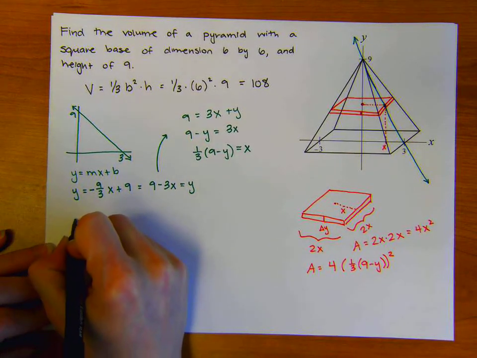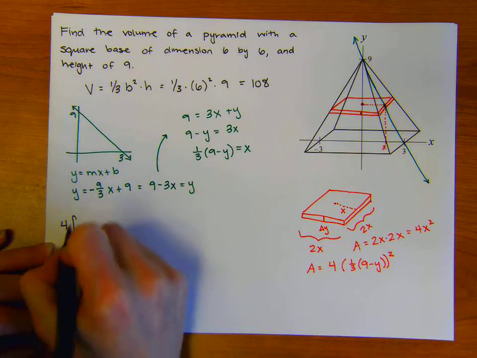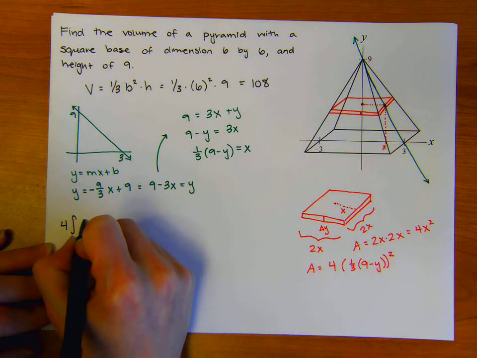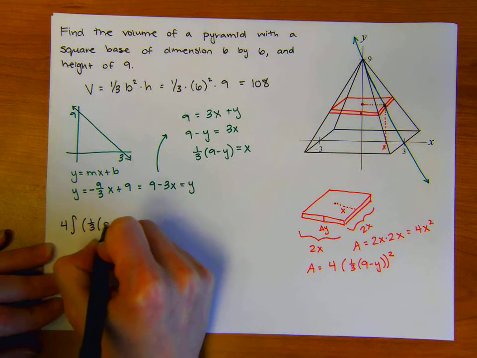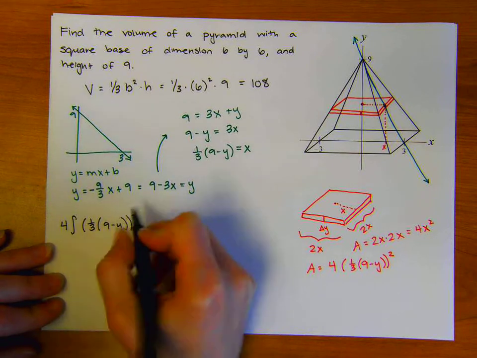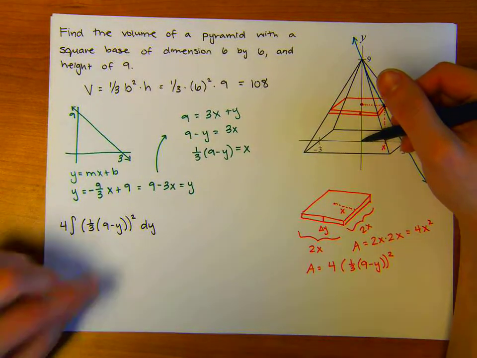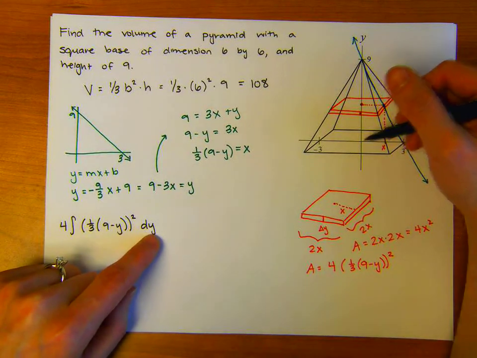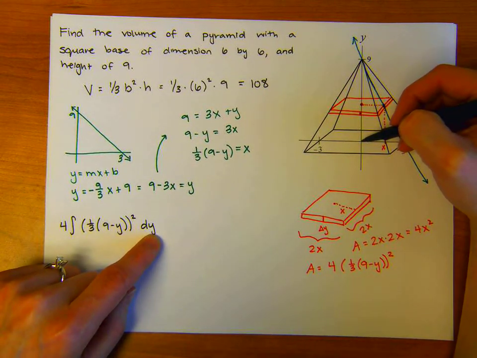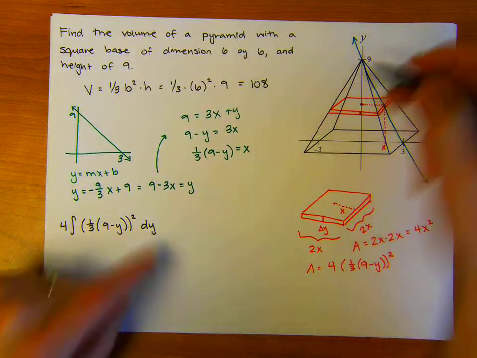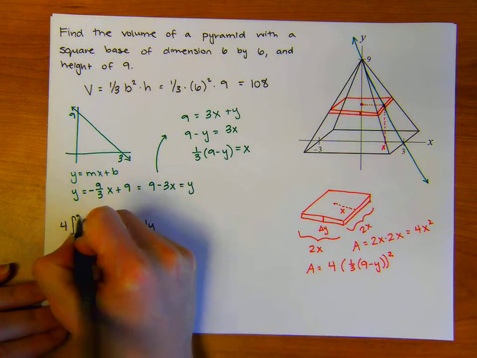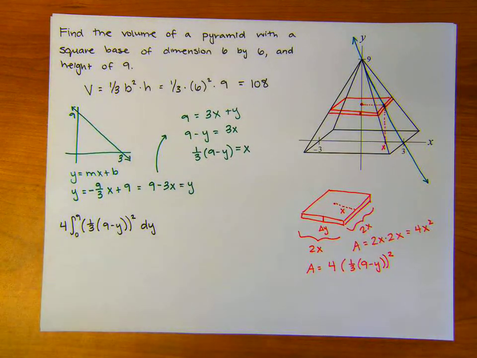We want to take the integral of, we can pull that 4 out in front if we'd like, 1/3 (9 minus y) squared with respect to y. And notice our bounds: we look at how y is changing. y is changing from 0 to 9, so that's our range from 0 to 9.